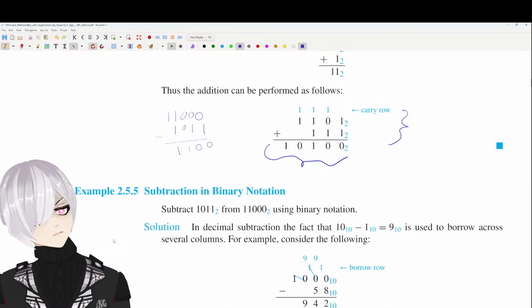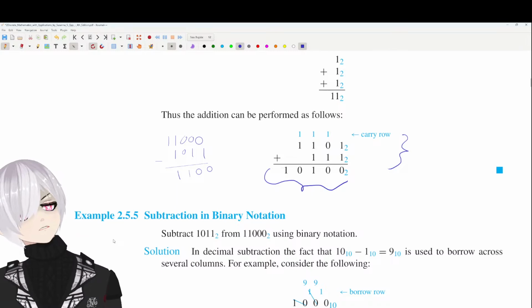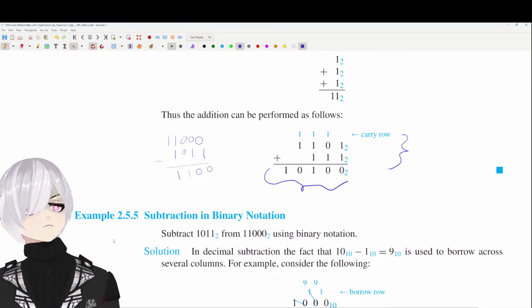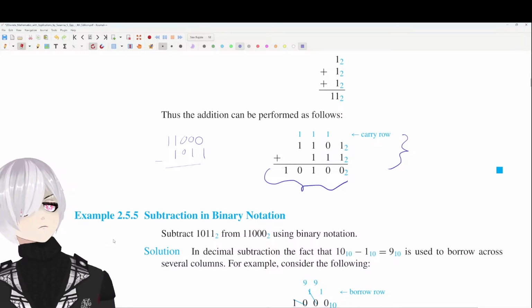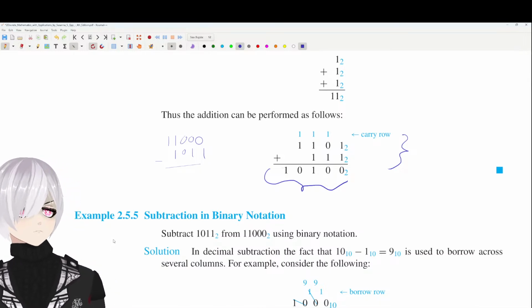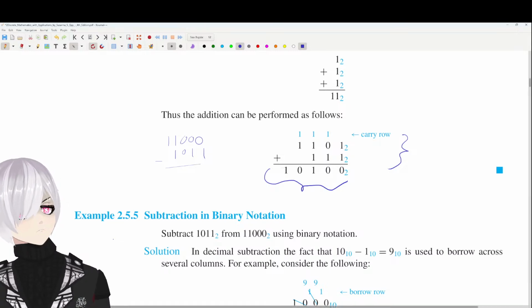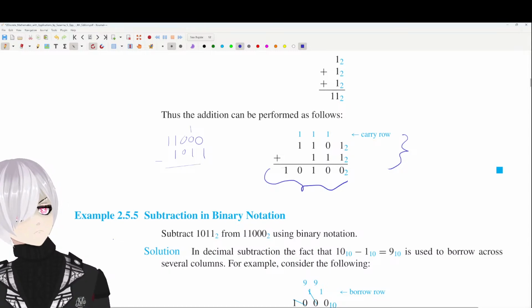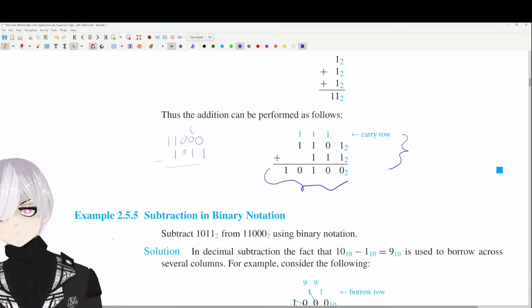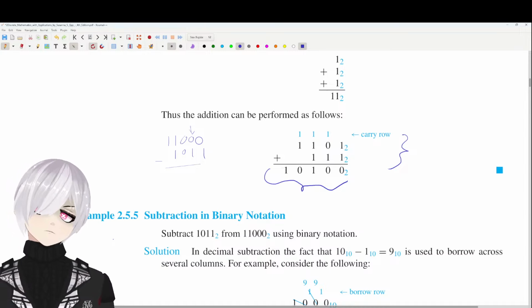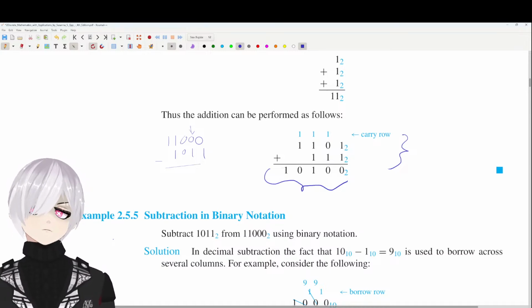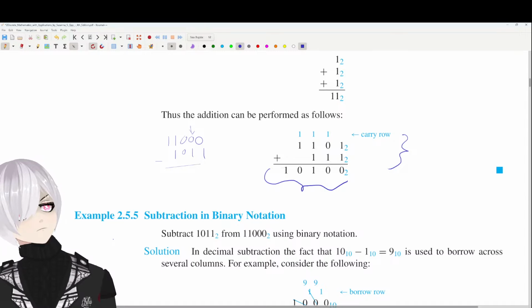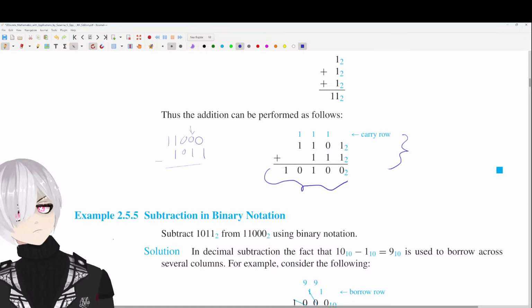When you're in the rightmost column, you have 0 - 1, and you can't just do that because that would be a negative. So you have to imagine the 0 second from the right was a 10, and you borrow a 1 from that and turn it into a 1, and then you give that 1 to the rightmost 0 to make it 10.